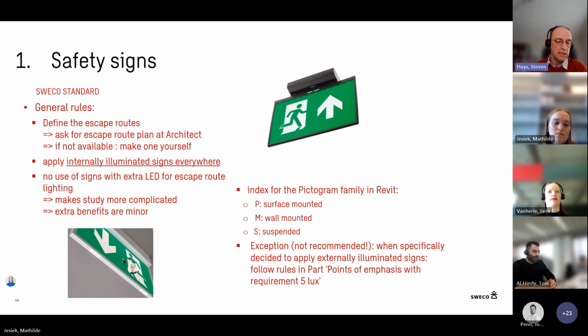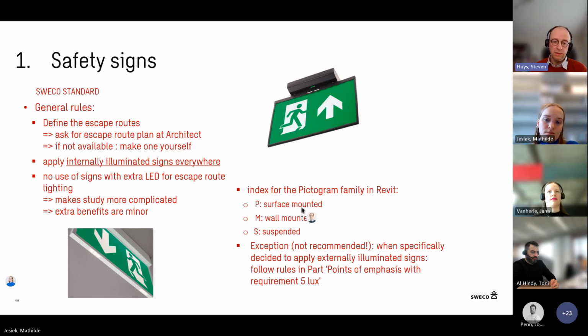And for each manufacturer it's different. Some of them have a good lens in it, some of them not that good. So we think it's not a good idea to apply these fixtures. Just stick to the ones that just have the safety signs.